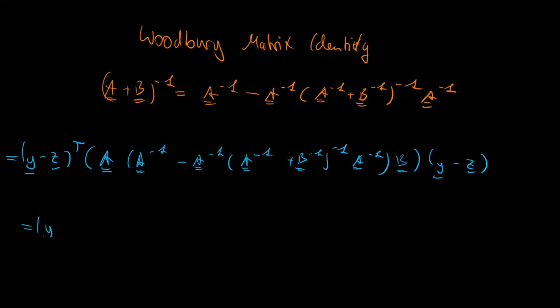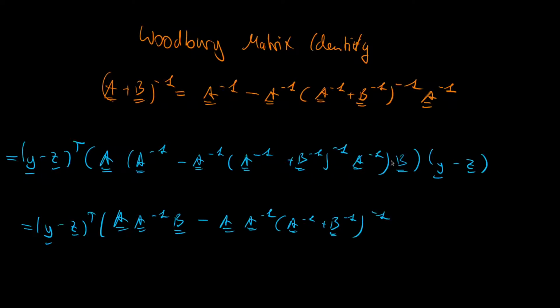So we are keeping (y minus z) transpose, and we're getting A times A inverse times B, and for this term we have minus A times A inverse, and then the summation of the inverse is (A inverse plus B inverse) inverse, and then we multiply with A inverse times B, and again, as said, a lot of inverses.